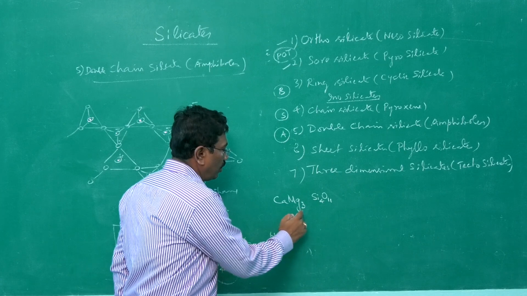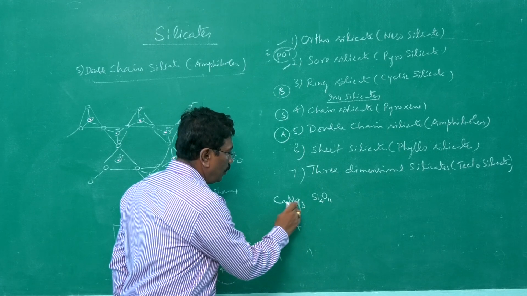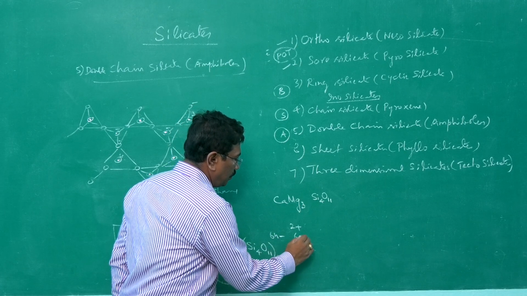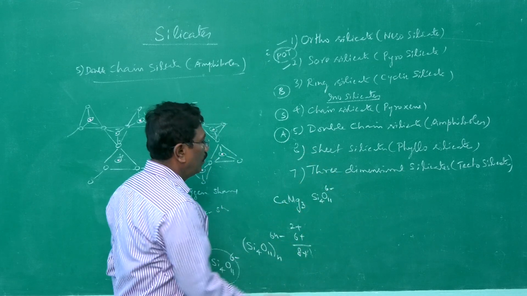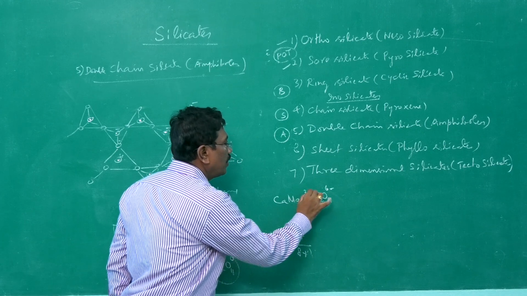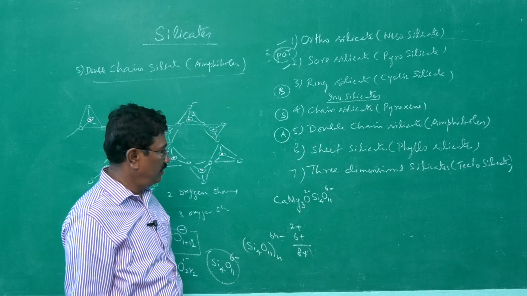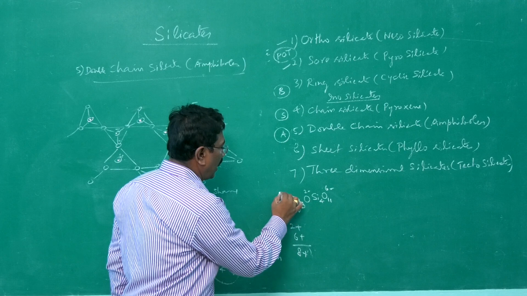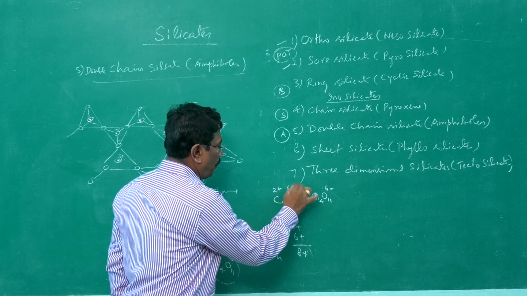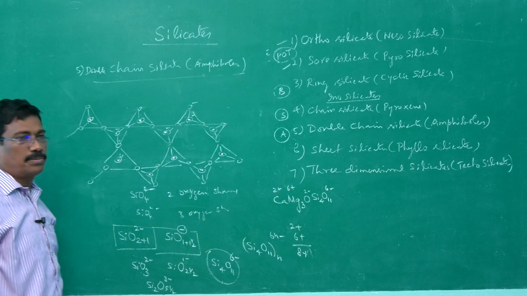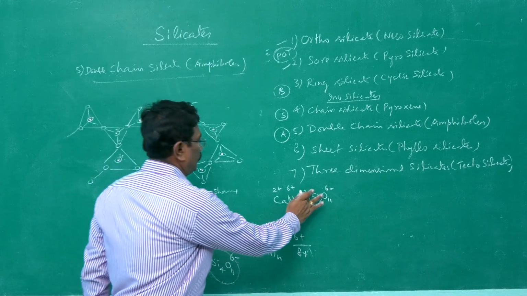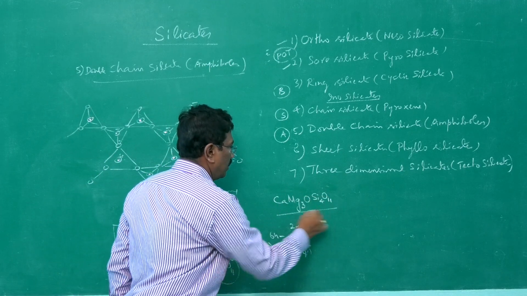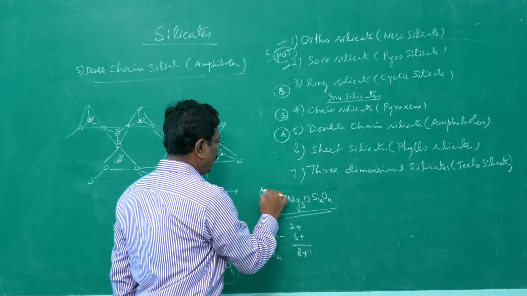But here, what is the total charge? 2 plus, 3 into 2 plus, 6 plus. So totally 8 plus. It is only 6 minus. One more oxygen atom is present in between with 2 negative charge. So this is the molecular formula for asbestos. This is the molecular formula for asbestos. Ca Mg3O Si4 O11. All right. Asbestos is the example for double chain silicate.